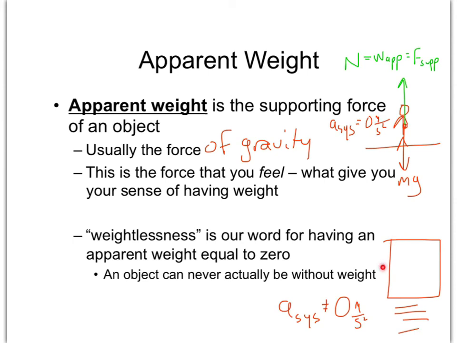Here, if your system is accelerating, and here you've got an elevator and you're inside it and you're standing on a scale, we'll say, your system acceleration has some non-zero value. You're either accelerating upwards or you're accelerating downwards, which means the supporting force by the floor, you might say the normal force, or the supporting force, or your apparent weight, all those are sort of the same thing, is going to be greater or lesser than your regular weight because your whole system is accelerating.